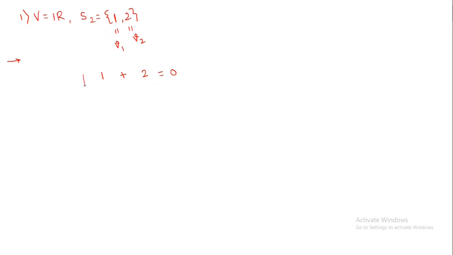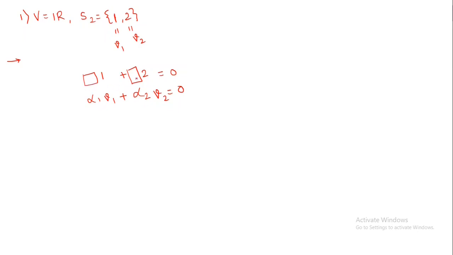If we are able to find alpha 1 and alpha 2 not both 0 such that alpha 1 V1 plus alpha 2 V2 is equal to 0, then we will say that this set is linearly dependent. But if we are not able to do so, then the set will be linearly independent.